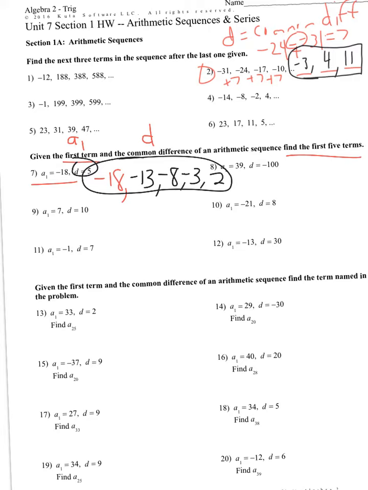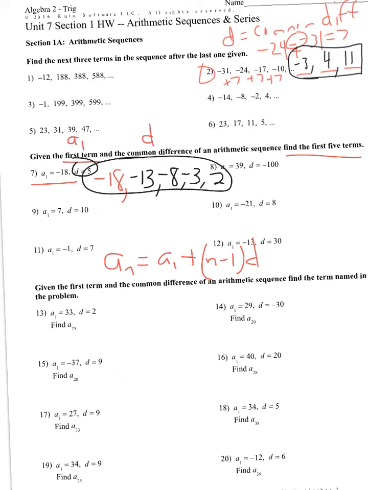And the nth term formula is this: AN equals A1 plus n minus 1 times D. And that is the nth term formula for arithmetic sequences. It's to find any term that you want in any sequence given some information. And AN is going to be the term that you're trying to find.